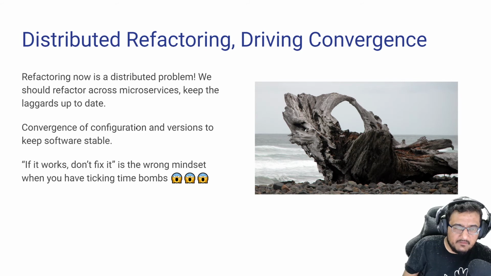You don't want to have services that are using all these versions of the runtime, because it will have security vulnerabilities. At some point, it's going to have problems with long-term support. You won't have support for those runtimes anymore and stuff like that. So it's in your best interest to drive convergence and make everything maintainable and up to date.